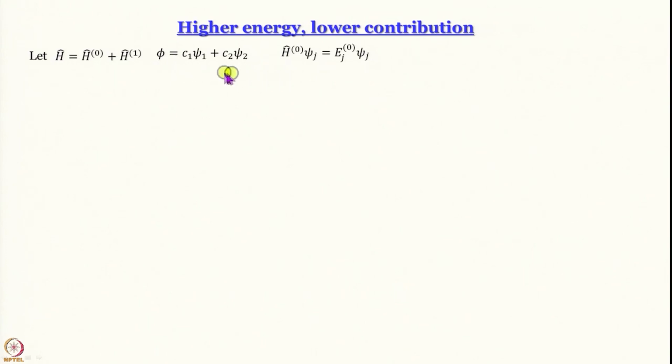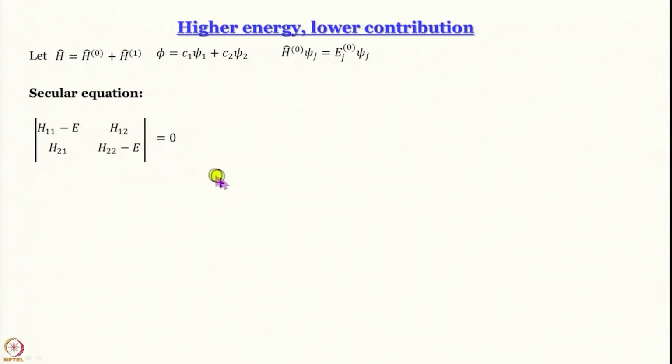And now we are saying that these psi's are eigenfunctions of the 0th order Hamiltonian with eigenvalues Ej 0th. So, what would the secular equations be in this case? They would be H11 minus E, H12, H21, H22 minus E, what we have learnt earlier. What is HII? Instead of H11, H22 separately, I will just write HII.